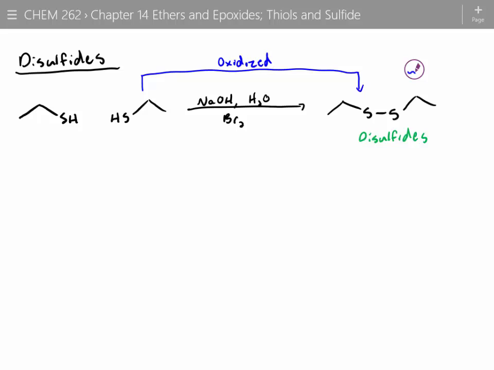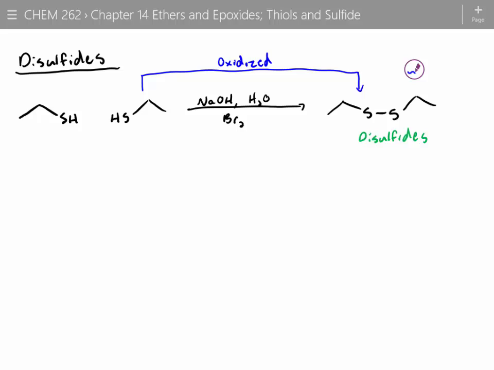So our body is very good at oxidizing things, and we have a very important amino acid within us that contains this sulfur group. Does anybody remember what that amino acid is from biology? It's cysteine. So we've got an amino acid called cysteine, right? And it gets built up into our polypeptides, and it gets included in our proteins and enzymes.